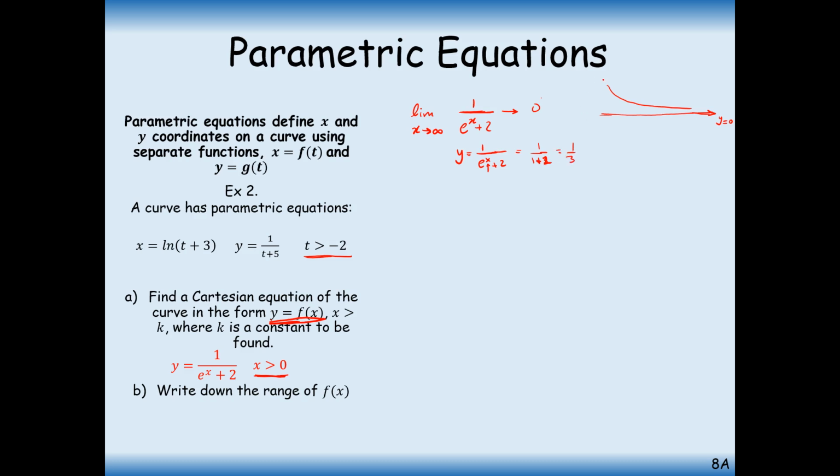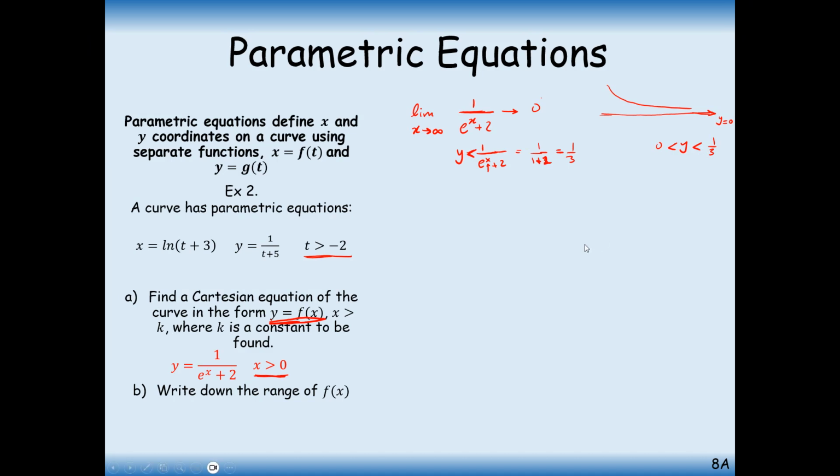So y will be strictly less than 1/3 because x cannot be 0 itself. So be careful, there's a strict inequality between x and 0. Therefore, y is bounded below by 0 and bounded above by 1/3.